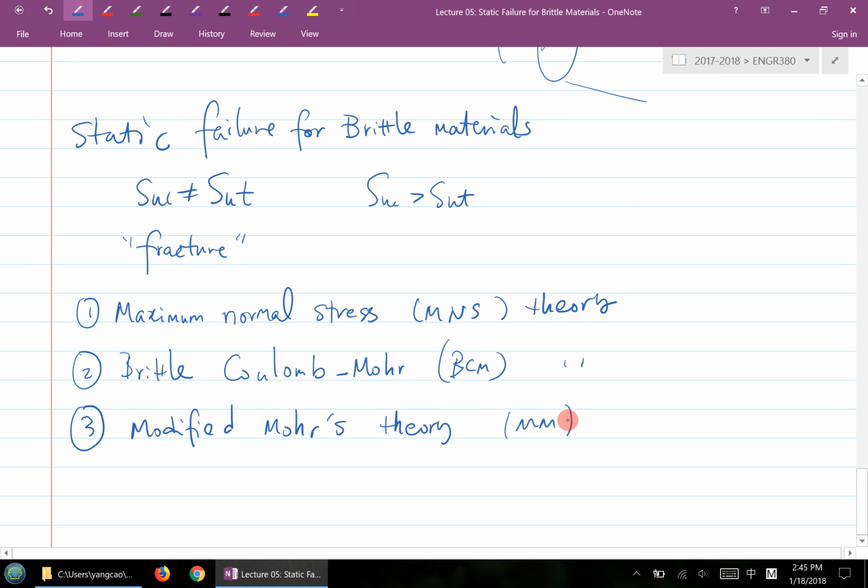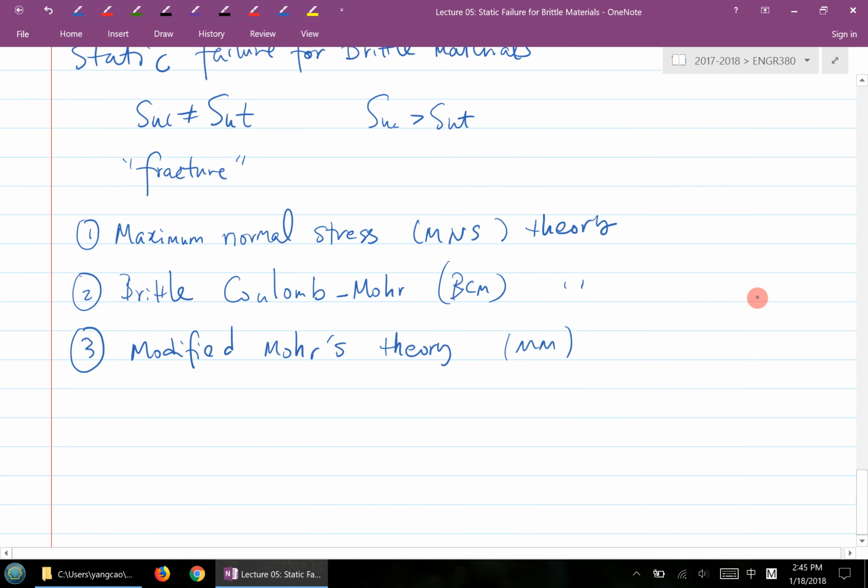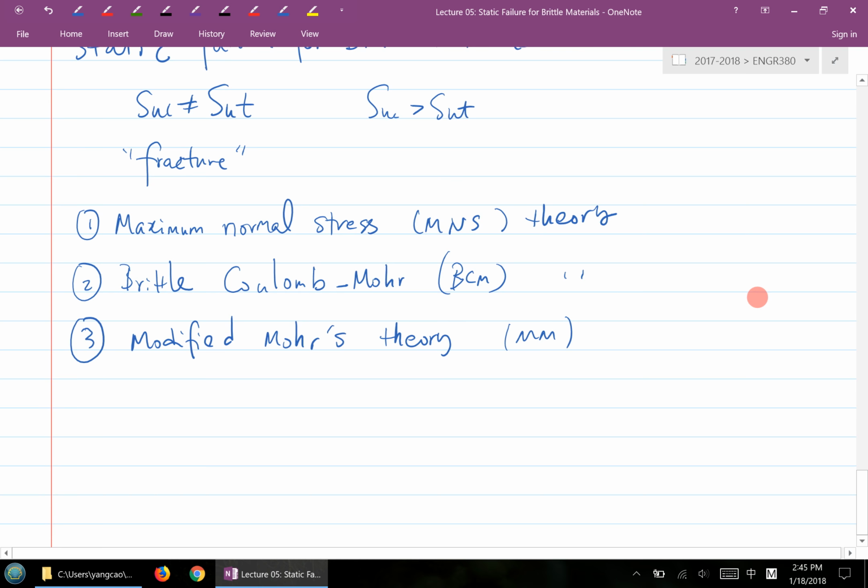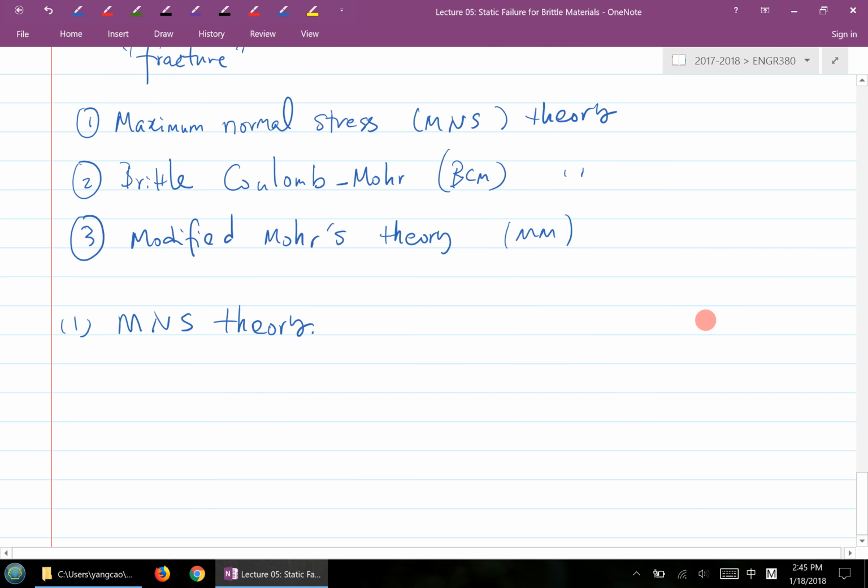So let's look at the first one, the maximum normal stress theory, MNS theory here. As usual, I'm going to write down the definition first, and then we'll analyze the definition. We'll also sketch these failure boundaries, or the safety boundaries, for each one of the theories. So let's write down the definition first for the MNS theory.